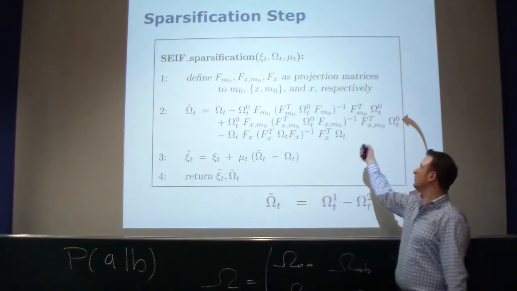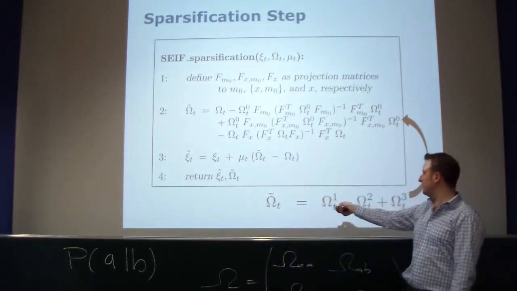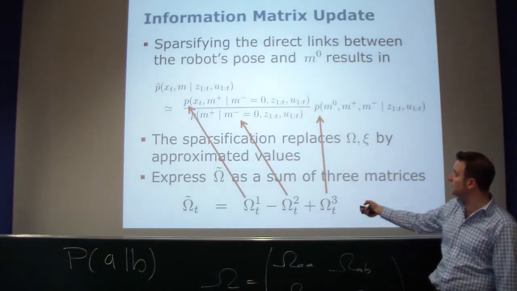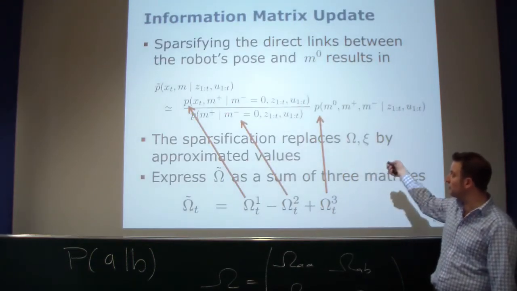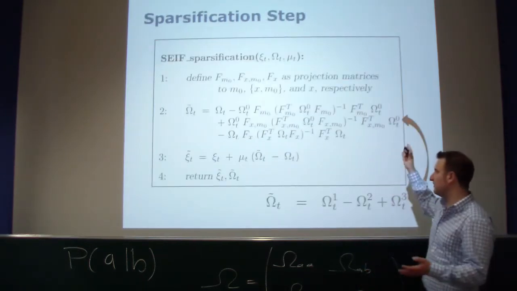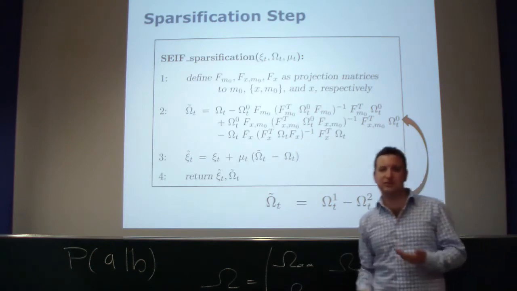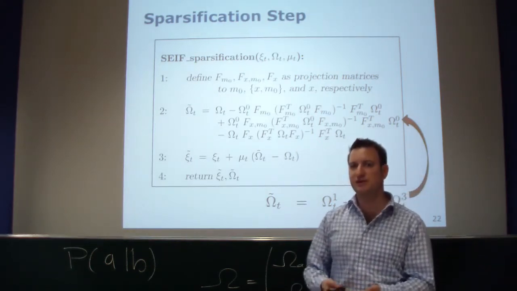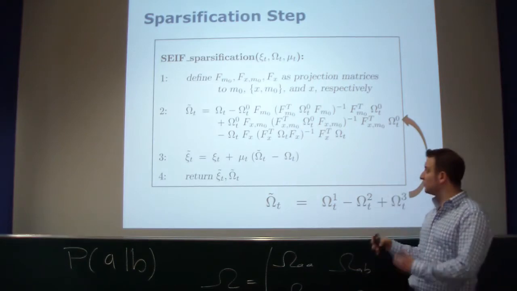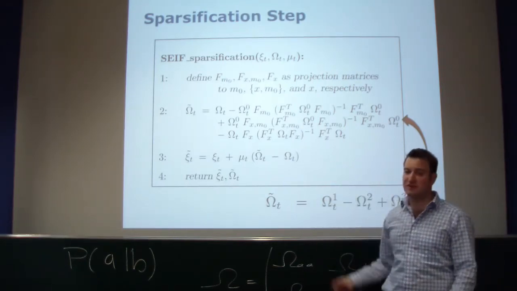I don't want to derive all the things in here, but they can be derived by taking the three information matrices which correspond to these individual distributions and then just adding them up. As I said, I'm not sure how much this derivation helps the understanding of this sparse extended information filter, therefore I removed it here. I think it was a better choice than deriving these terms for 15 minutes.